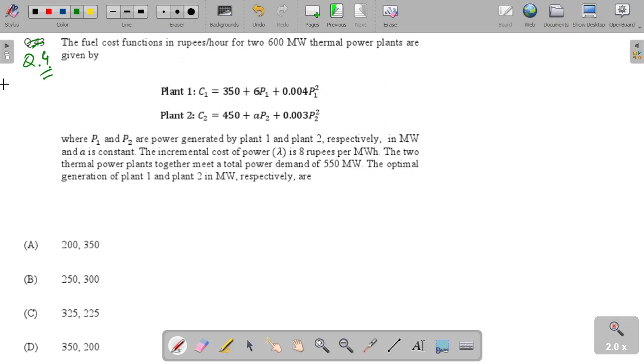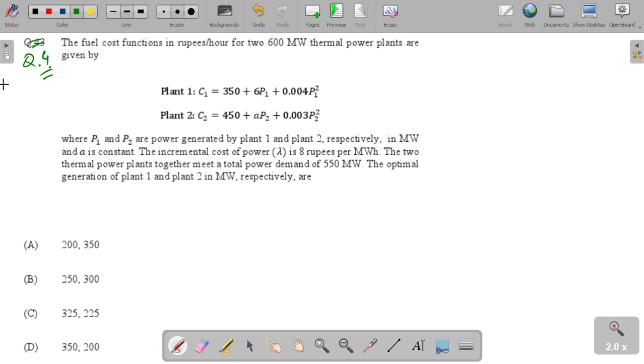इकोनॉमिक लोड डिस्पैच का ये क्वेश्चन है। The fuel cost function in rupees per hour for 600 megawatt thermal power plant are given by plant 1 and plant 2. So the cost function in rupees per hour for two thermal power plant are given by, the equation is C1 = 350 + 6P1 + 0.004 P1 का whole square.